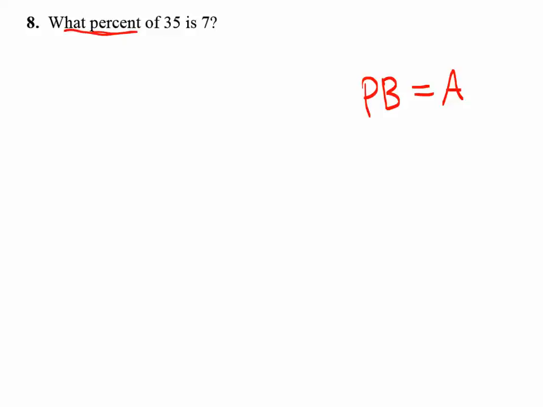What percent goes first? I think it's going to go this way, right? Easy way to look at it is where the is going to be. Is the is towards the front or is it towards the back? So what percent? That means P we don't know. That also means the B value is 35. That's the of value. And then the 7 has to be the A. So how about this? P multiplied by 35 equals 7.